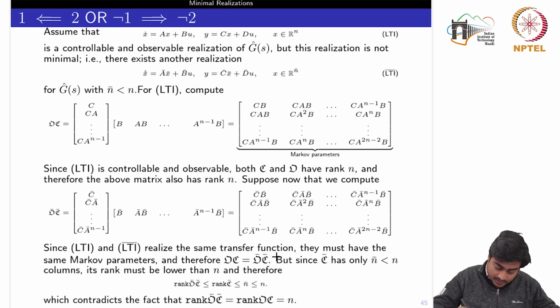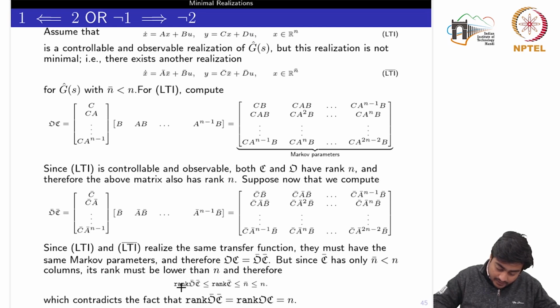Now, since C bar has only n bar columns, which is less than n, its rank must be lower than n, because the dimension of X bar is n bar. If this pair is controllable, then the rank of the controllability matrix would be at most n bar, which would definitely be less than n, right?